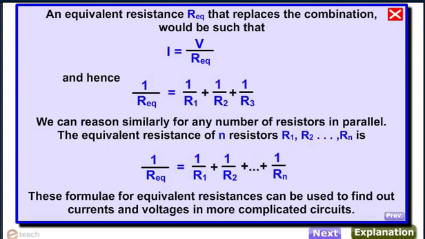An equivalent resistance R equivalent that replaces the combination would be such that I equals V by R equivalent, and hence we get the following.